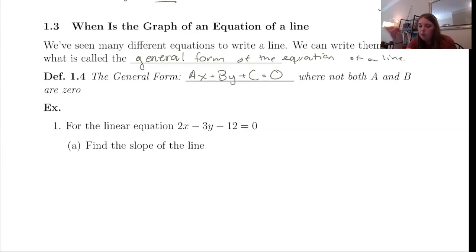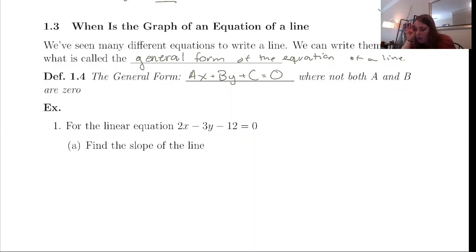So, ax plus by plus c equals 0. Basically we're just moving everything onto one side so that one of the sides equals 0. And just like before, we don't really want one big fraction. Remember how we had that problem earlier? We want a number times x plus a number times y plus another number.